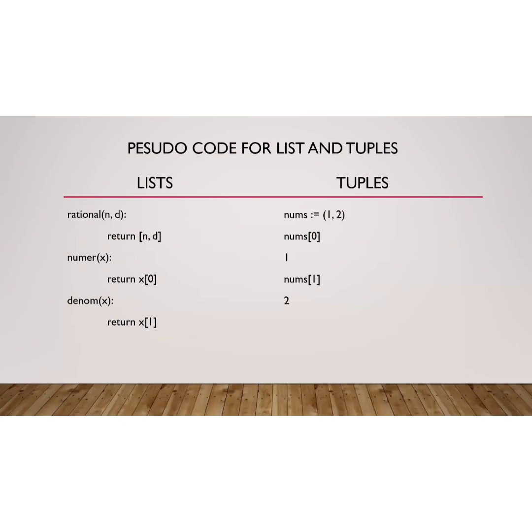Okay, so see here, n comma d is a list. x of 0 using list brackets, and x of 1 using list brackets. Okay, tuples number equal to 1 comma 2. So rational n value is what? 1. d value is what? 2. Okay, so number of 0 means what? 1. Number of 1 means what? 2. Okay, so this is about pseudocode for list and tuples.